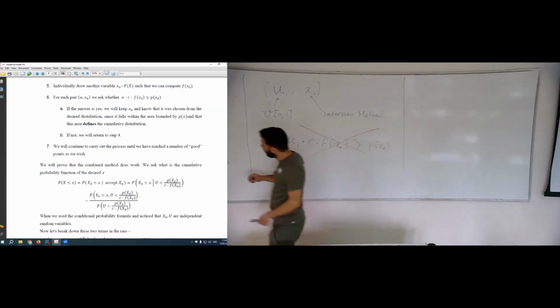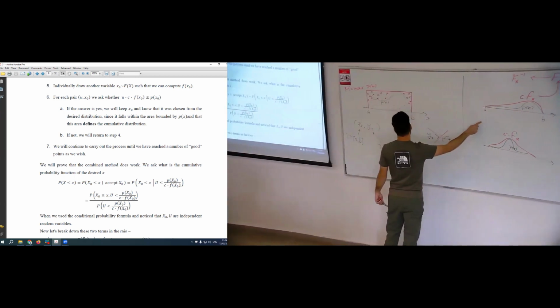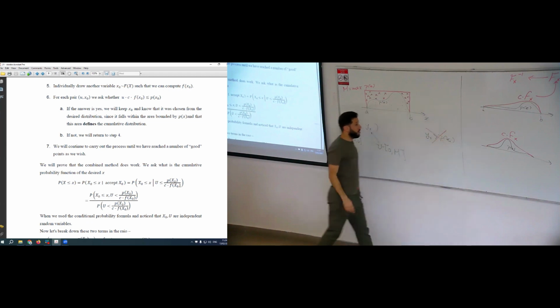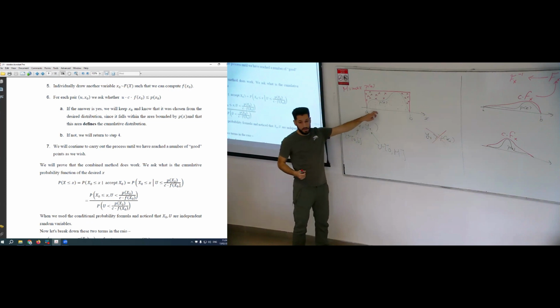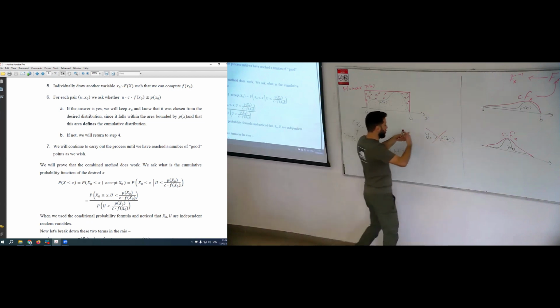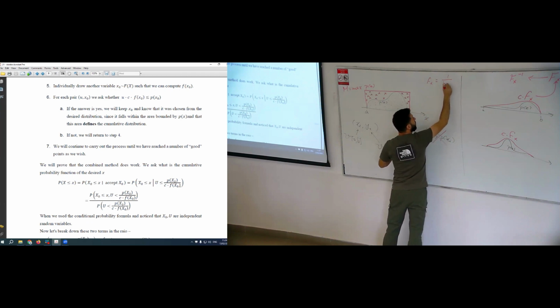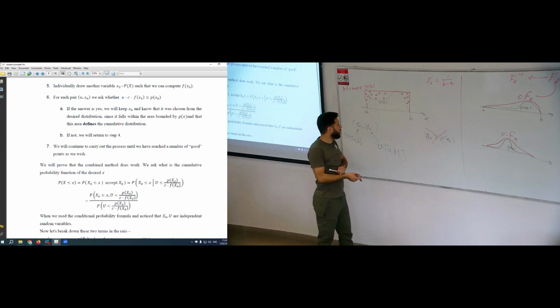Now, why is this a special case of this? Because what's the F here? 1 over B minus A. So the F here is 1 over B minus A. And what is the C here?